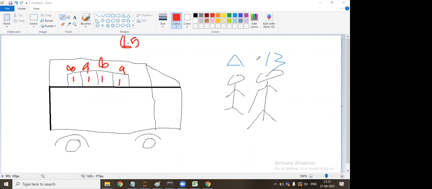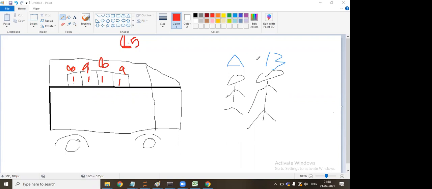Now these 2 people have 2 things in their mind. These 2 things are whether the rating of this entire bus is 8.5 or the rating of the entire bus is not 8.5. Am I right? Yes.